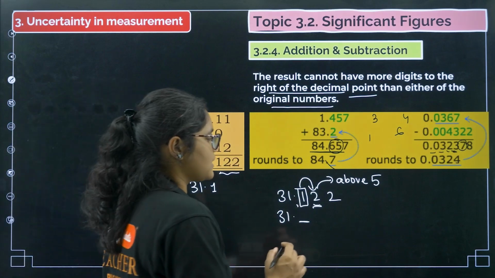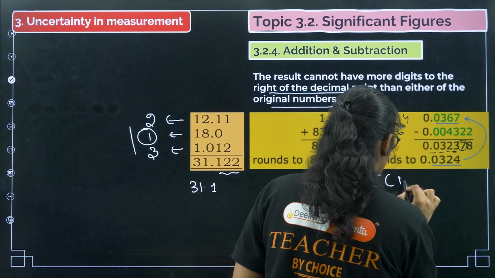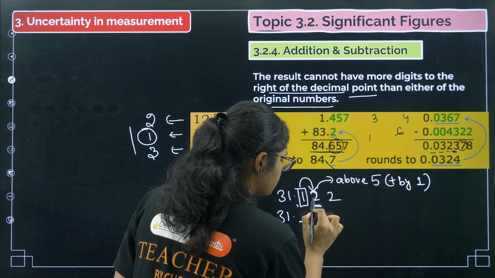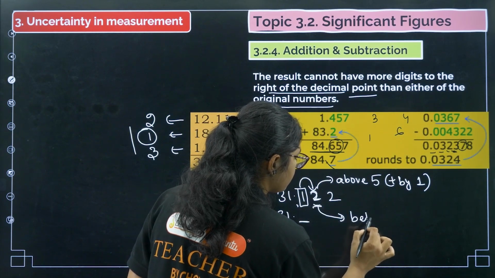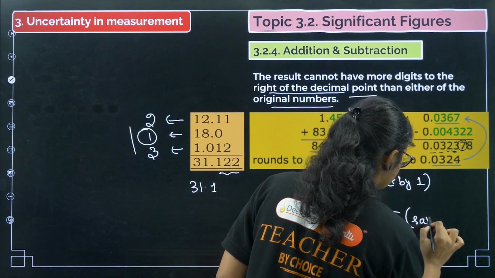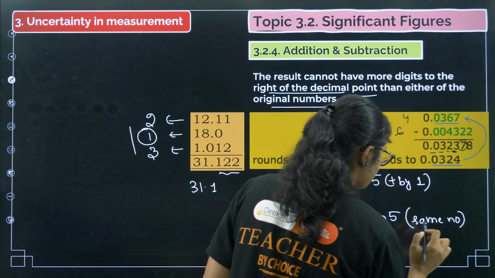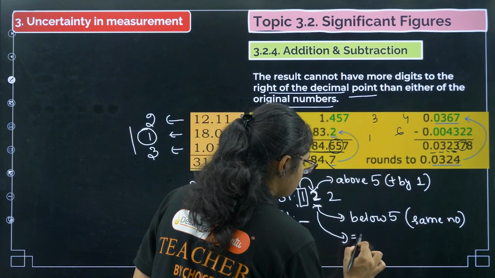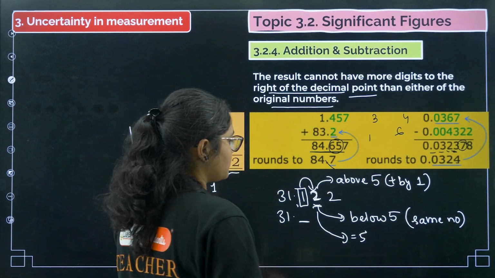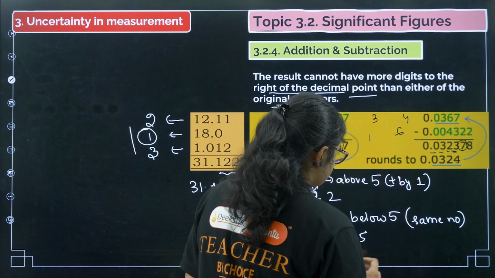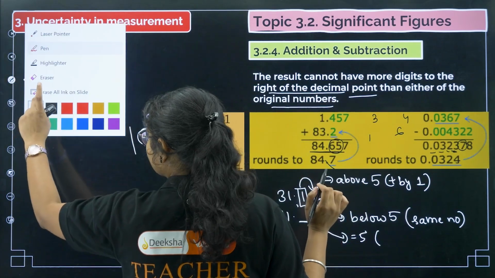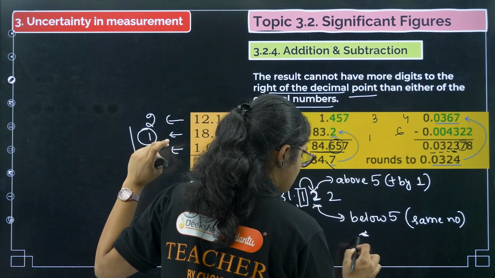If the next digit is below 5, then the same digit remains. And if it is 5, not above 5, not below 5, in that case what happens? I will be discussing this case after some time.